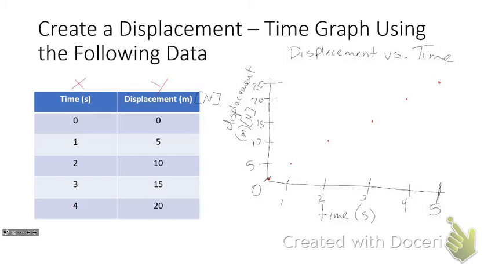Okay, after you've plotted your points, some math teachers might say don't make a line of best fit. Some people will say make a line of best fit. I think it helps us to make a line of best fit, so let's go ahead and draw one. If you were drawing one that's not a sketch, you'd use a ruler, of course, and you're going to try to make it so there are an equal amount of points above your line of best fit and below your best fit.